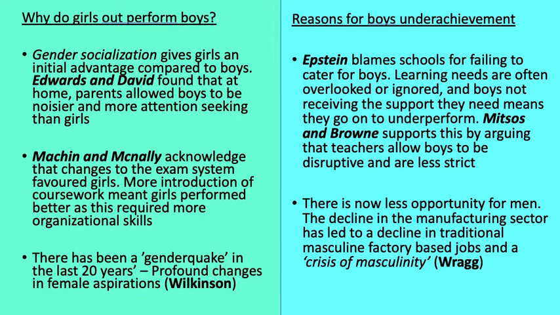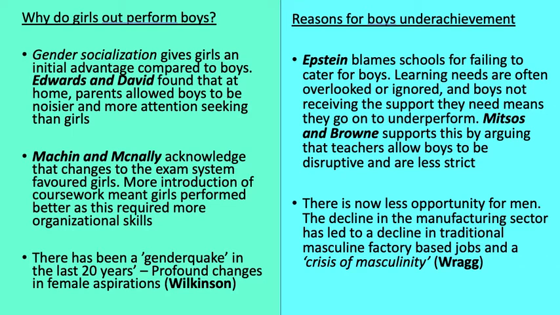For example, teachers might give boys extensions compared to girls, and if they're being much more relaxed, giving extensions, boys don't go on to reach their full potential, and therefore they underachieve.